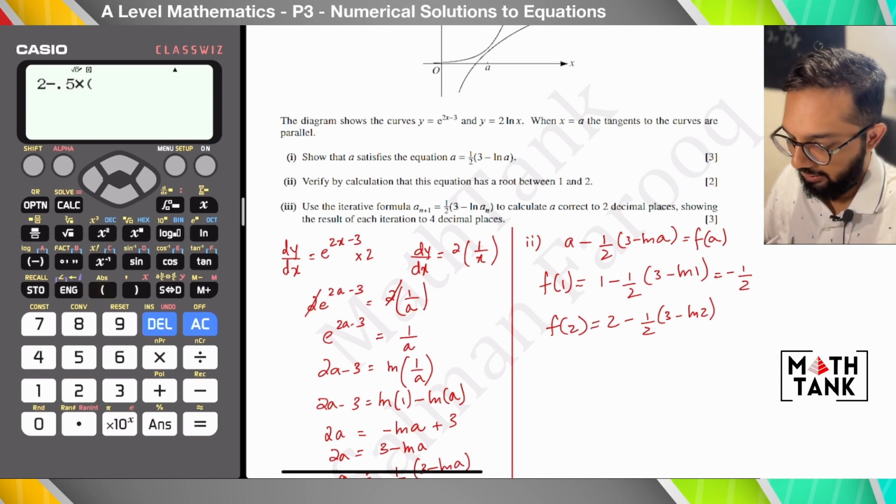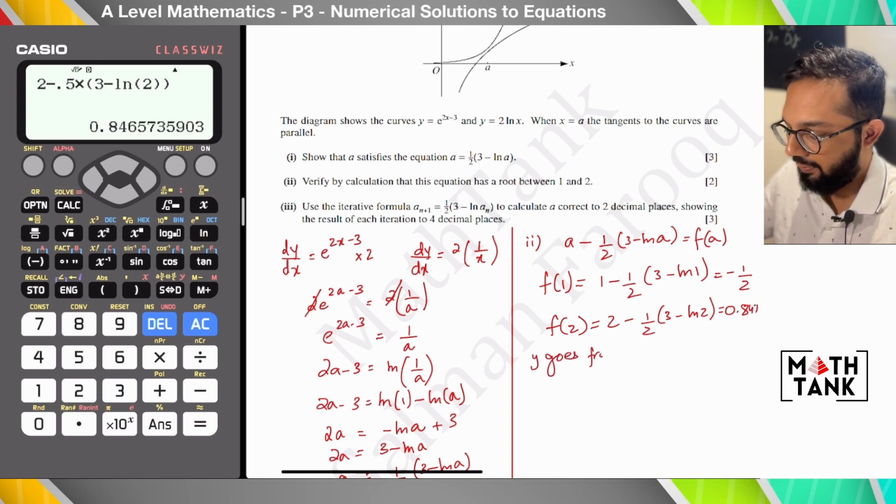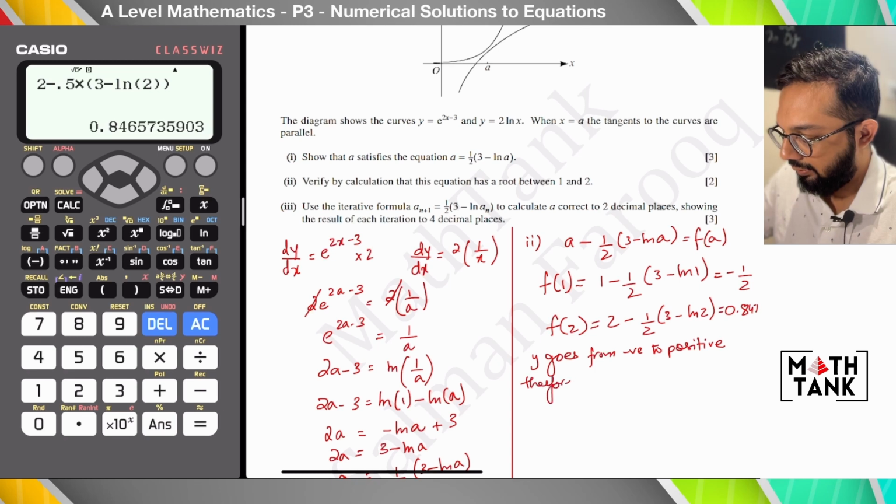Punching that on my calculator, I get 0.847. It goes from negative to positive. Therefore, the root lies between 1 and 2.